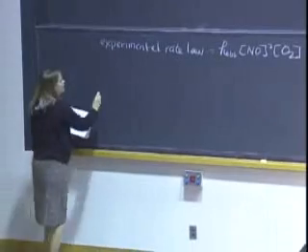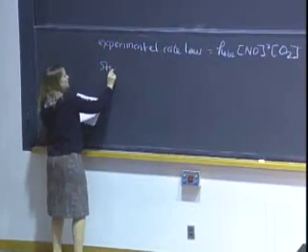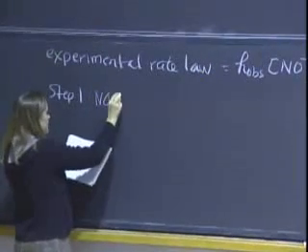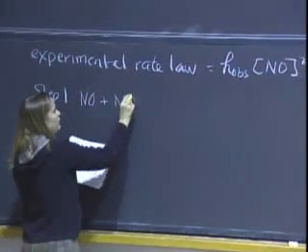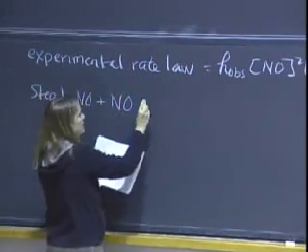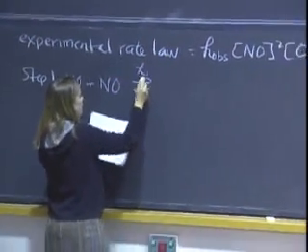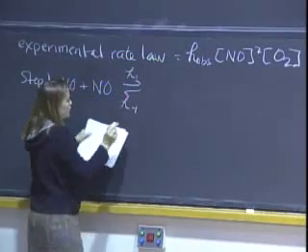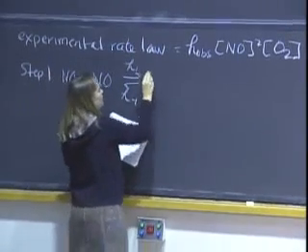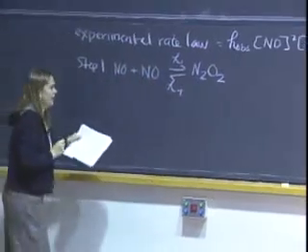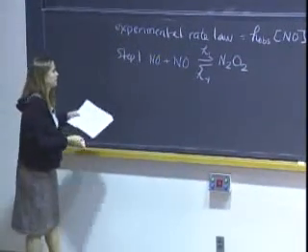So we can write the reaction in 2 steps. Each step is an elementary reaction, so it occurs exactly as written. In the first step, we'll have 2 NOs coming together. The forward rate constant will be K1 and the reverse rate constant will be K minus 1, and it'll be forming an intermediate, N2O2.